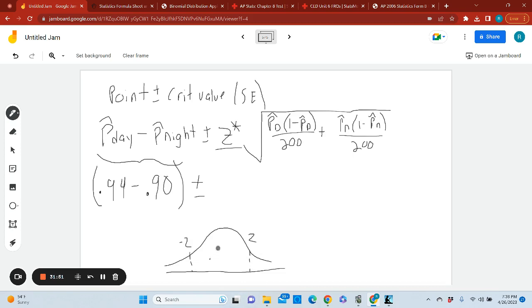If I'm dealing with 0.96 in the middle, that leaves 4% for the tails. That's 2% in this tail, or 2% in this tail. So to find my critical value, I can either say, give me the cutoff for 2% to the left, or for 98% to the left, 96 and 2 in the tail.